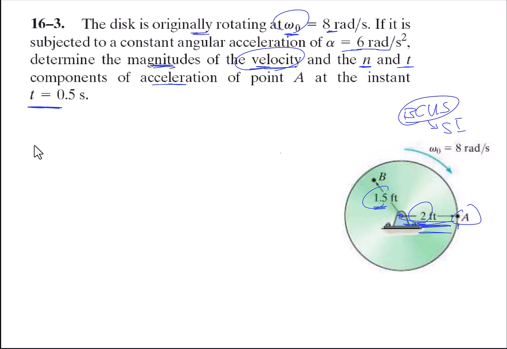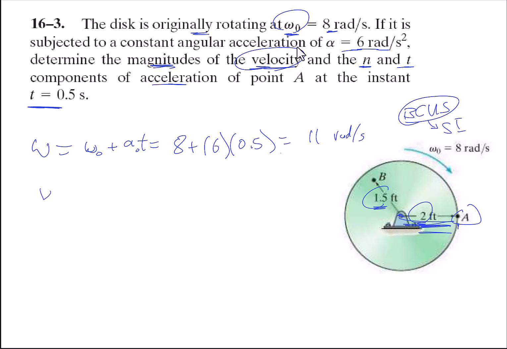So the angular velocity at this time is given by the initial angular velocity plus the constant acceleration times the time. This is given by the question as 8 and 6 radians per second squared, and this is 0.5 seconds. So this will be 11 radians per second.